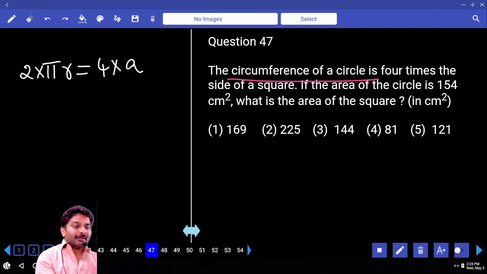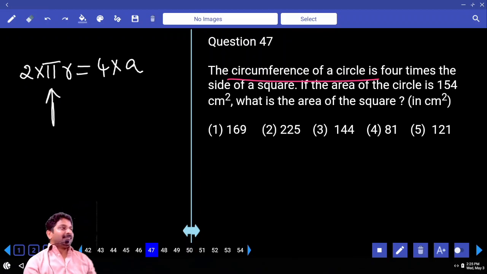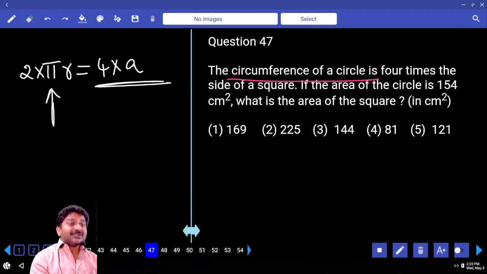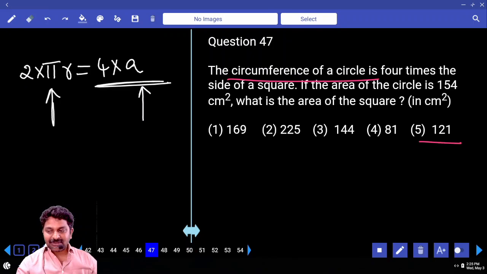Correct? When you see pi, on the left hand side you have an 11 multiple in the numerator. Right hand side you should get an 11 multiple. Then a must be an 11 multiple. The answer is the square area only, which is an 11 square multiple only, and there is only one option.